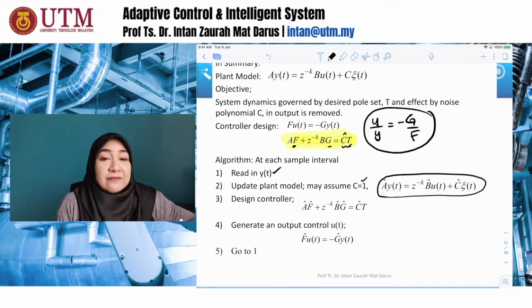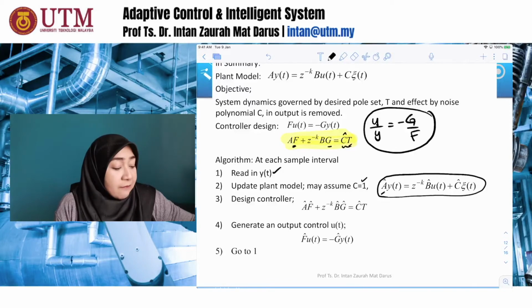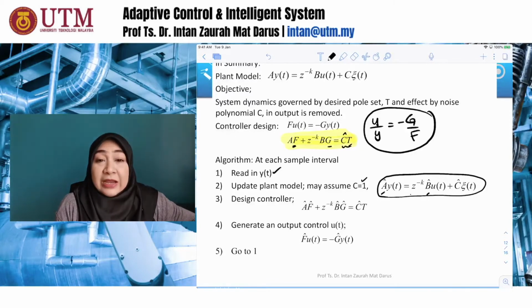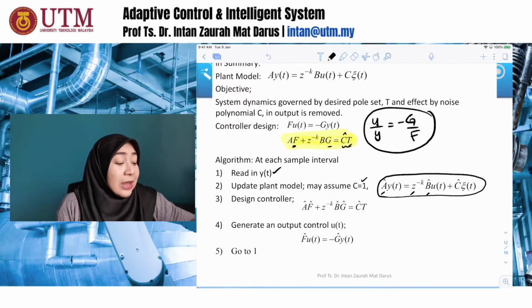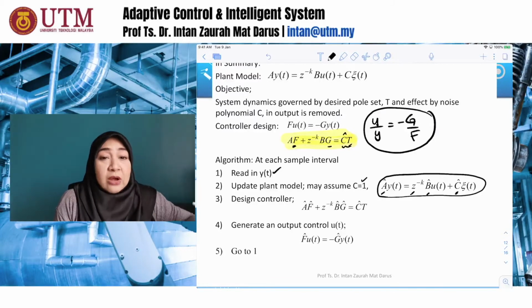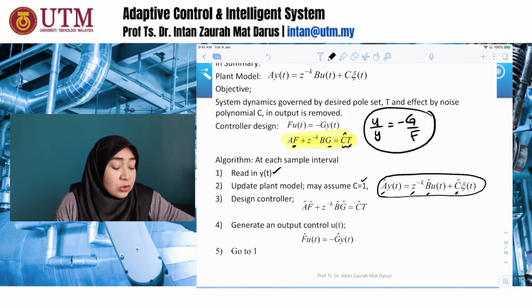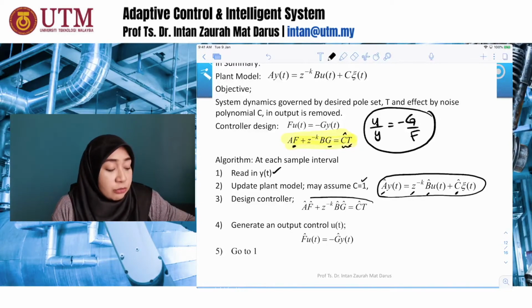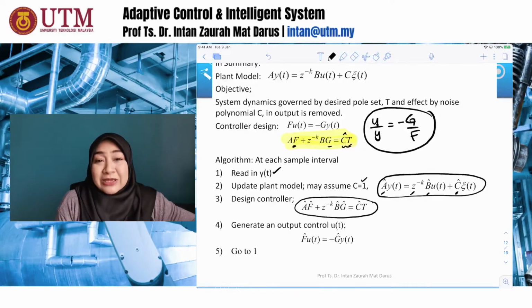Find out the values of your polynomial a, polynomial b, and any delay that you have in your system. You can update that from your least squares. At the same time, you can do that with your polynomial c as well. So these are all estimated parameters. So you know that your system keeps changing in its parameters. So every time it changes in parameters, you do the estimation. Okay, so once you have done the estimation, you put in the same loop your designed controller according to this formula here.